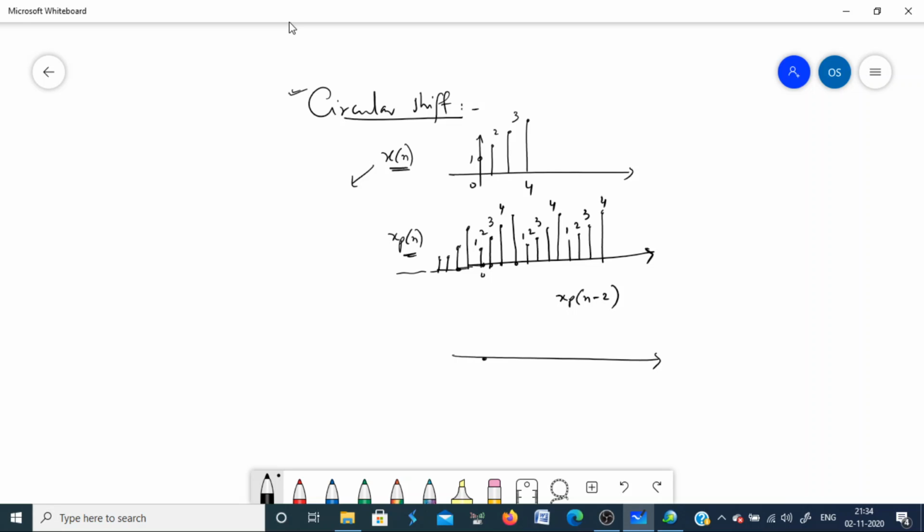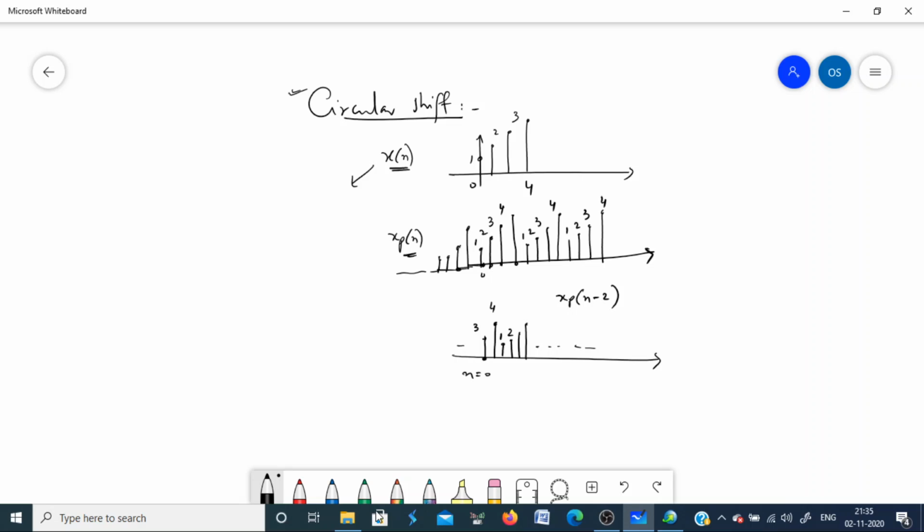So if I shift this periodic sequence by 2, at 0 you will get 3, then at 1 you will get 4, and so on, and then 1, and then 2, then again 3, 4, and so on. So at n equal to 0, we are getting 3, then 4, then 1, then 2.